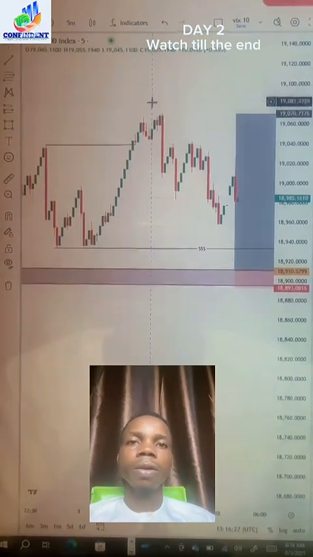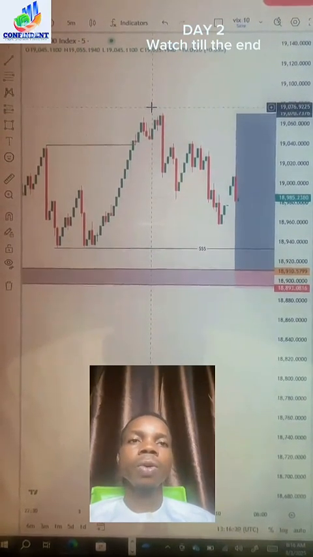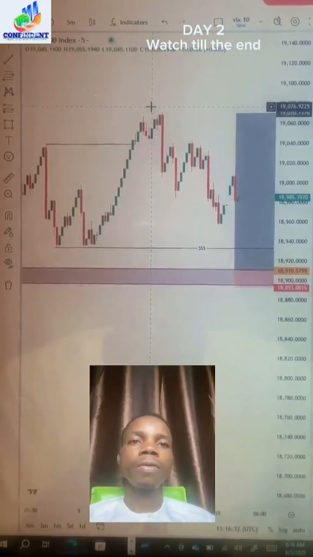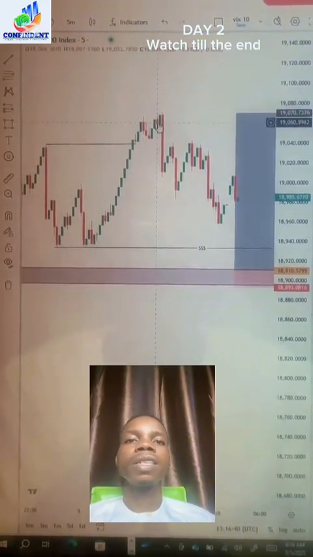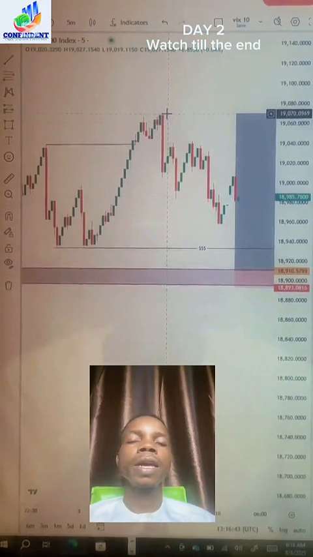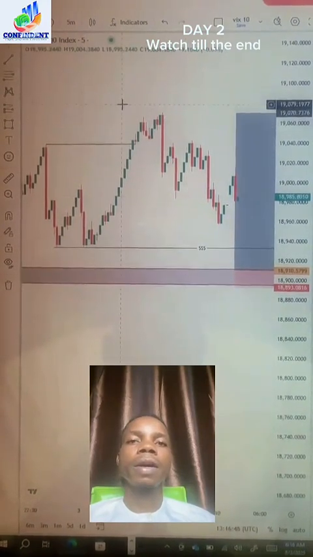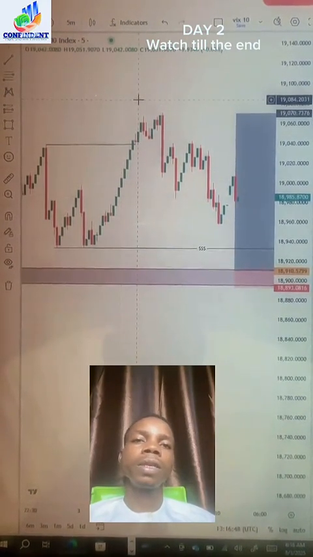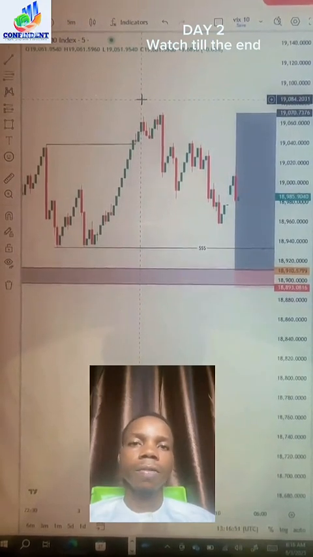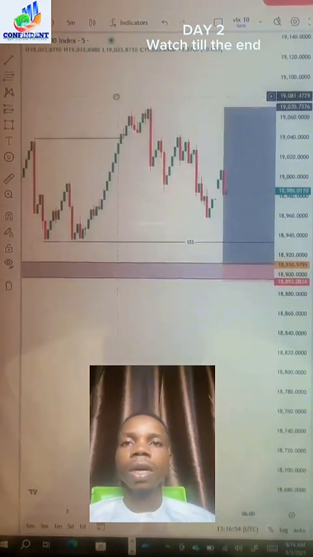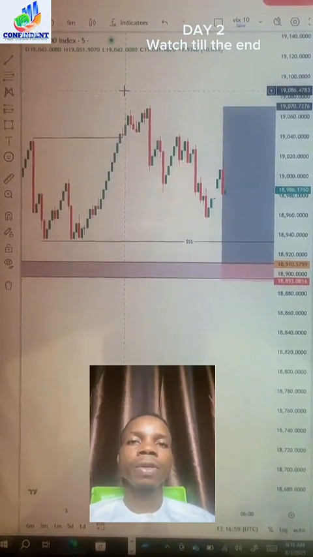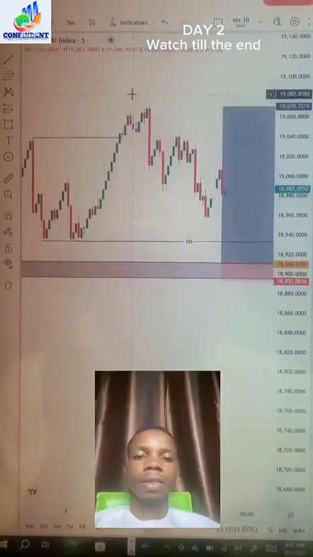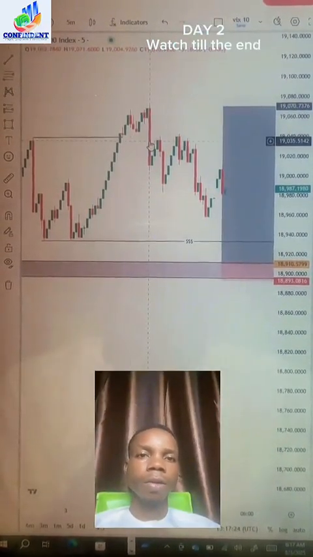The second candle, that means the current candle, will totally engulf the previous candle, and at least the second candle will be like two times the size of the previous candle. That simply means it totally consumes the previous candle. Let's quickly recognize it on our charts so that we can talk about the psychology behind it.